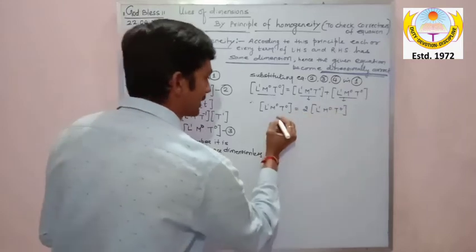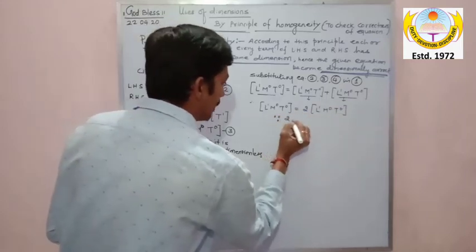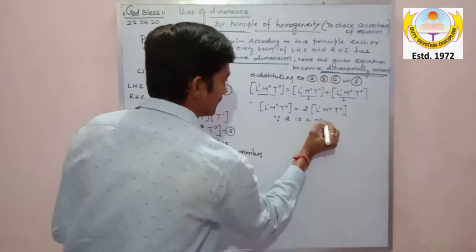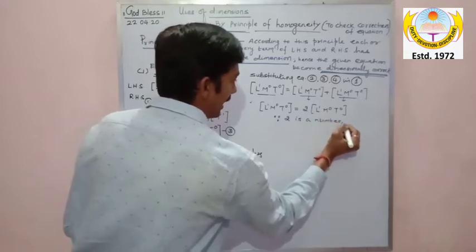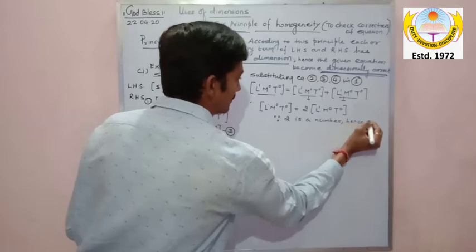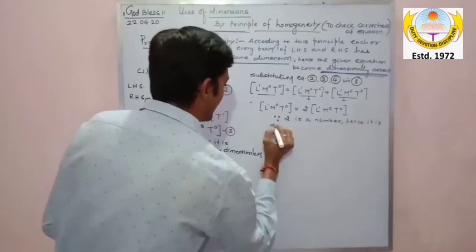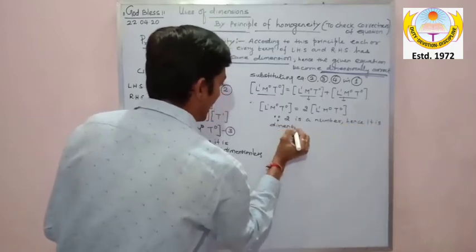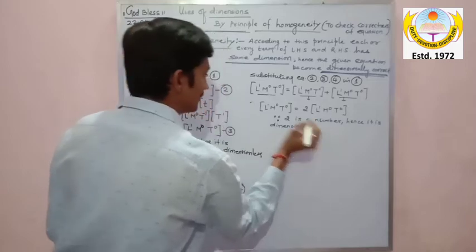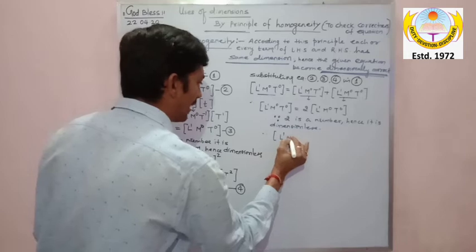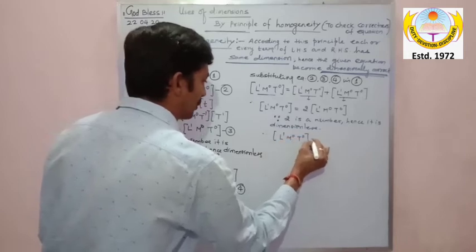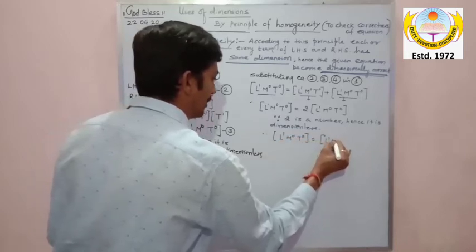So again there is one step. Since 2 is a number, hence it is dimensionless. Therefore, now what will happen? L1 M0 T0 is equal to L1 M0 T0.